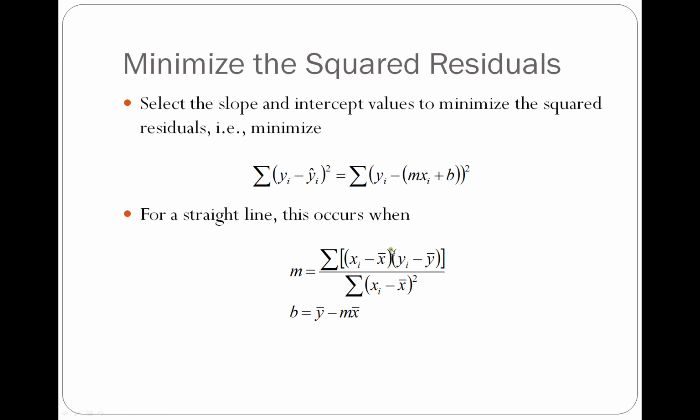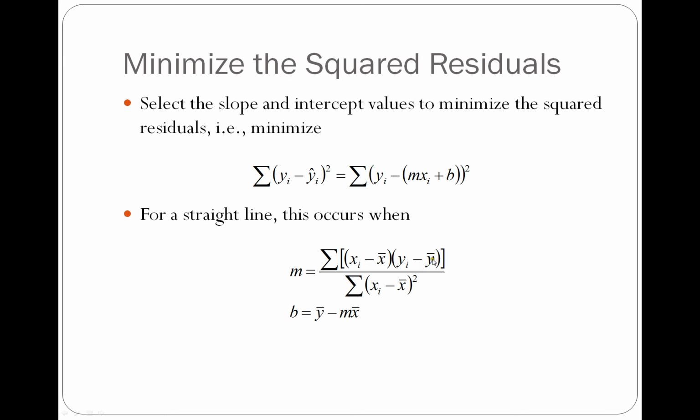And for a straight line, it's easy to come up with this value. This occurs when this is true. So when we take the difference between the individual input, x, and the individual output, y, and we take the product of each of those individual points, and subtract the mean from the x and the y and multiply those together.